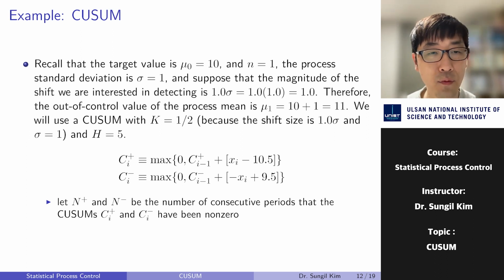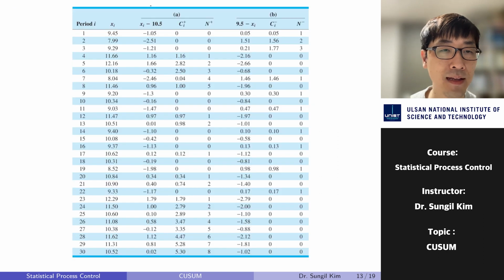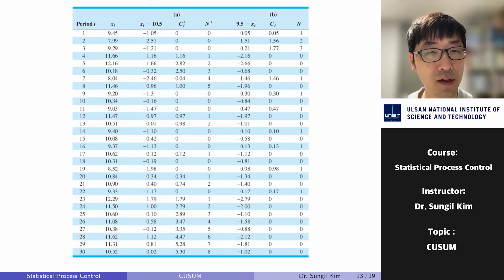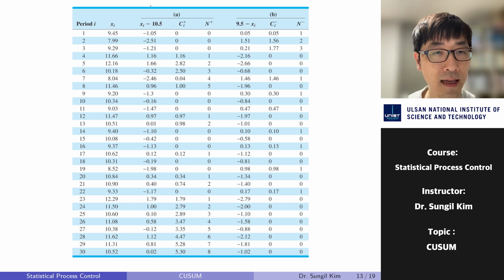In addition, we've defined n plus and n minus as the number of consecutive periods that the QSUMs Ci plus and Ci minus have been non-zero, in order to estimate the new process mean. This table shows the result of the upper QSUM statistic and lower QSUM statistic and n plus and n minus.